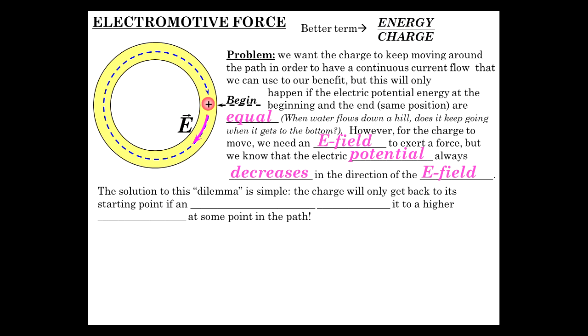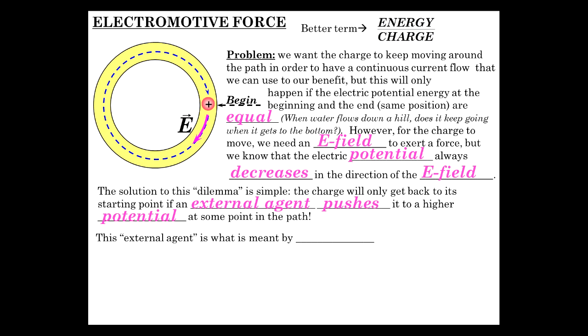So the solution to this problem is pretty straightforward. To get back to its starting point, it needs an external agent to shove it back there, basically. So we need to raise the potential, and therefore the potential energy, at some point. We have to raise it back up. As it loses that potential, we have to raise it back up again to get it back here.